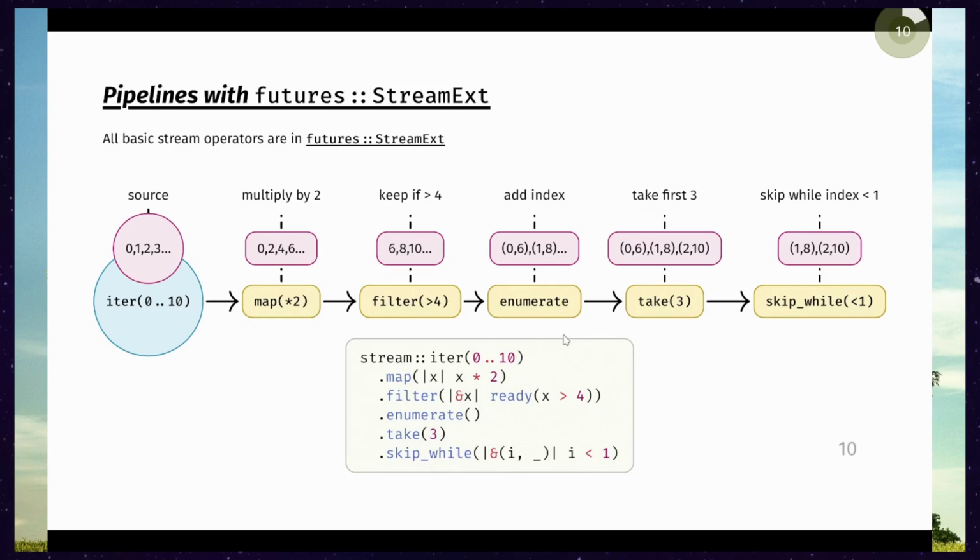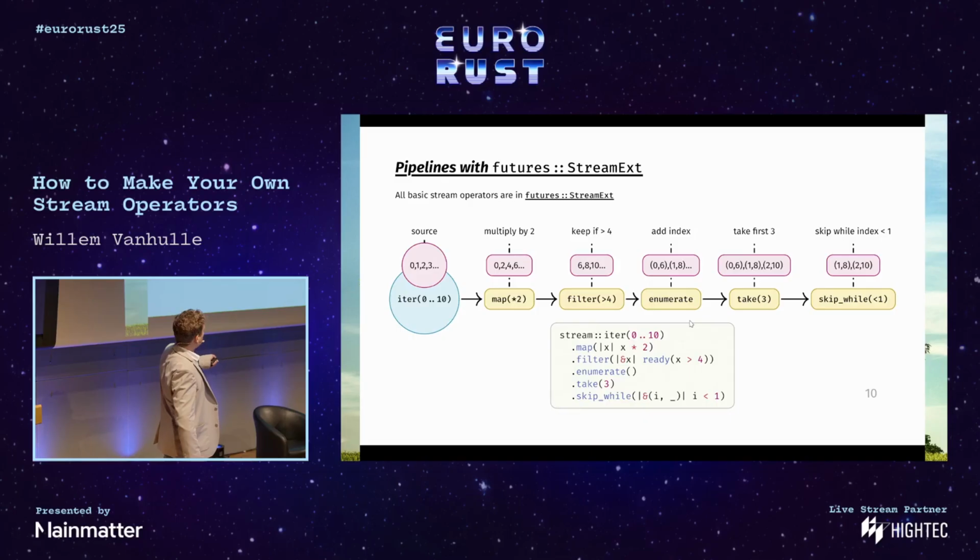But something you may notice here is the filter method, the filter operator. It takes an async closure. But if you don't like async closures or async blocks, you can just use the ready function, which turns the output of a Boolean into an async Boolean.